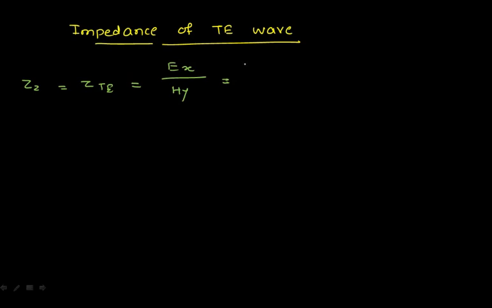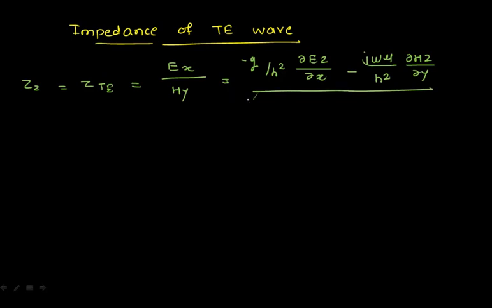So I can write here minus gamma by h square dEz divided by dx minus j omega mu by h square dHz divided by dy, over Hy component: gamma by h square dHz by dy minus j omega epsilon by h square dEz by dx.